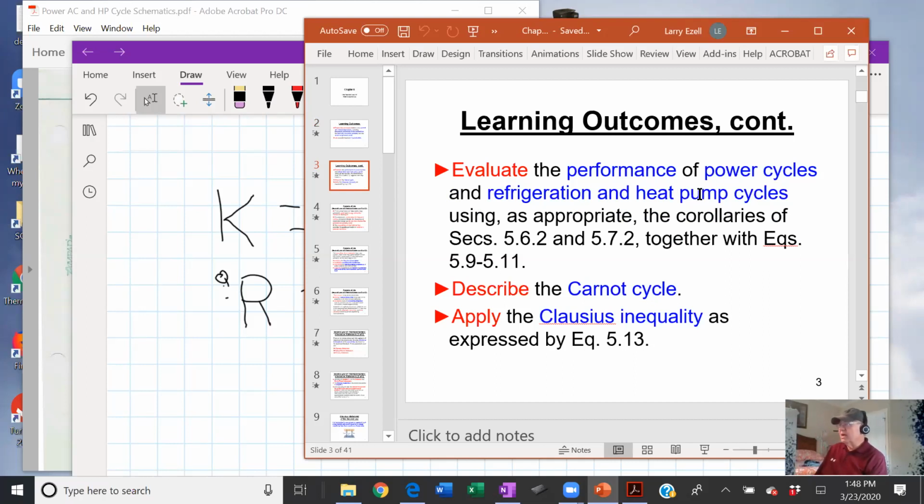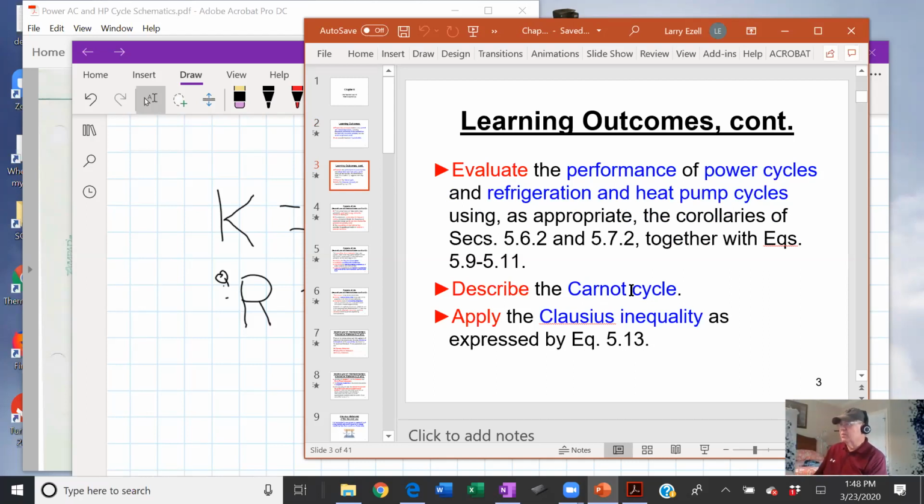And then heat pump cycles. Well, heat pump and refrigeration actually use the same components in their cycle, the same working fluid, the R134A refrigerant, or the, what is it, R410. So they both use the same fluid and the same components. It's just that one runs backwards to the other, but we'll talk about that.